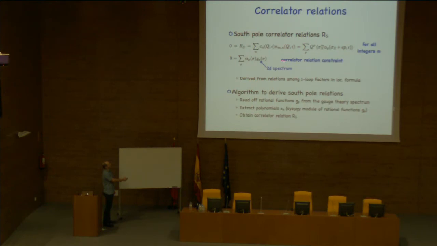The importance of these relations, and this is why we call them South Pole correlator relations, is that they do not just hold for a particular set of correlators, but they hold independently of the number of insertions at the North Pole. In other words, they only depend on the number of South Pole insertions. The other thing you should note is that if you find one alpha, you can certainly find another alpha by uniformly multiplying all the alphas as a polynomial.